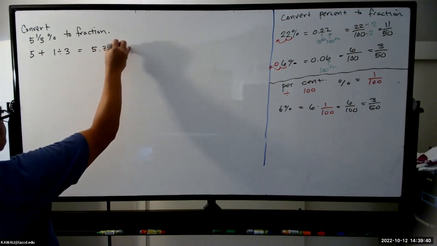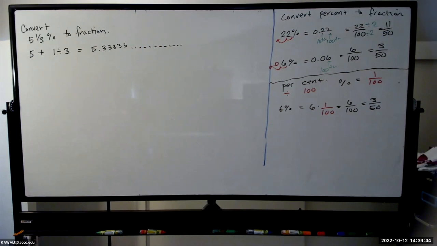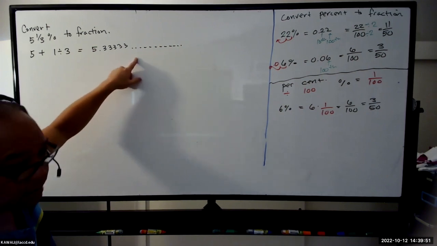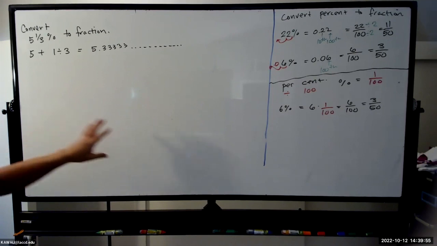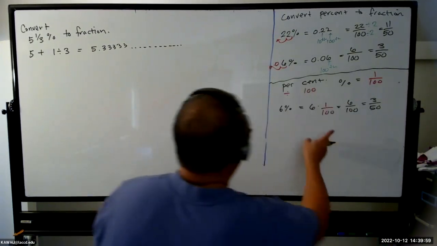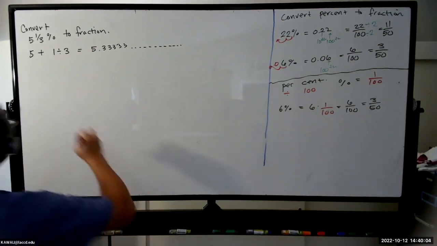And it gives me a whole bunch of 3s that go on forever. I can't move it 2 places because there's no end to all of the 3s. Okay. So we can't use this technique up here to convert that into a fraction, but we can use this idea.